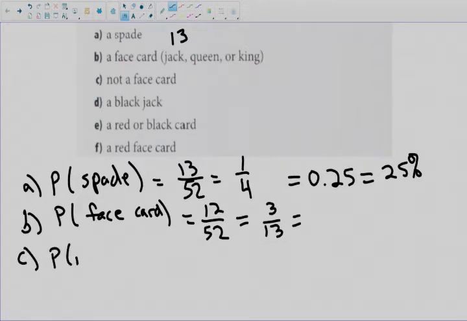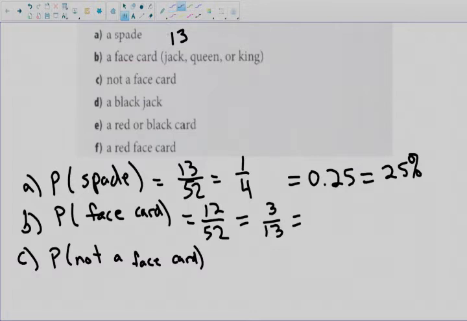We kind of talked about this briefly in the last video. You can actually find the probability of not getting something. Not getting a face card is the complement of getting a face card.